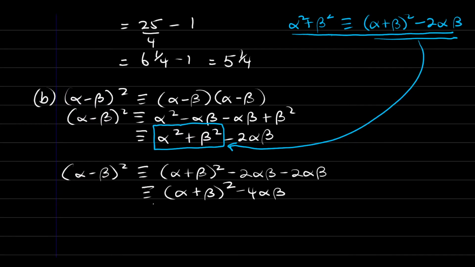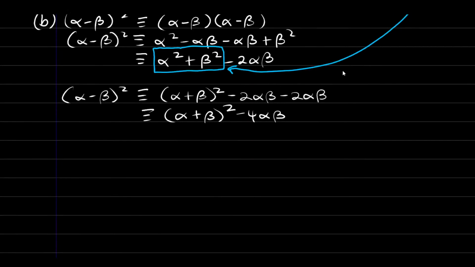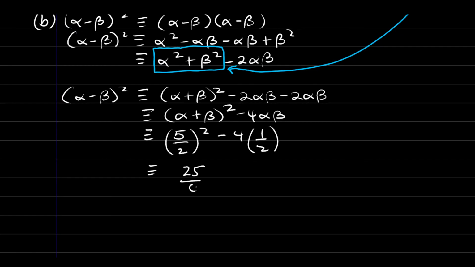And we already know that alpha plus beta is 5 on 2, and alpha beta is a half, so this here is going to be equal to 5 on 2 squared minus 4 into a half, and that there is 25 on 4 minus 2.